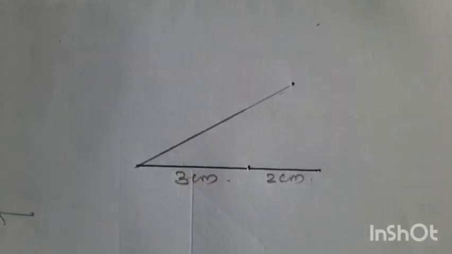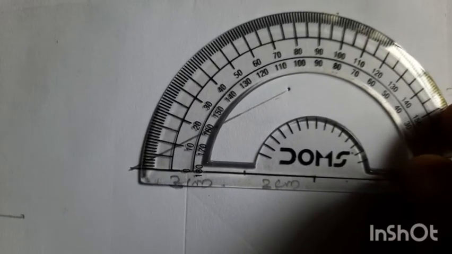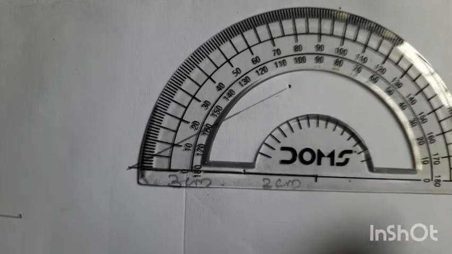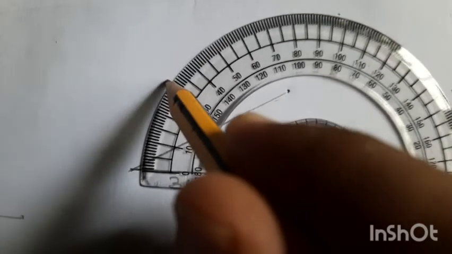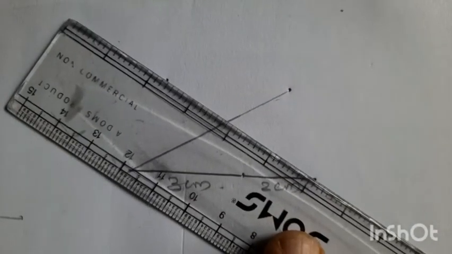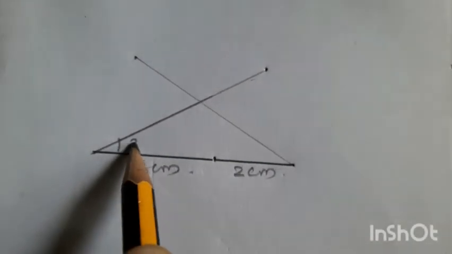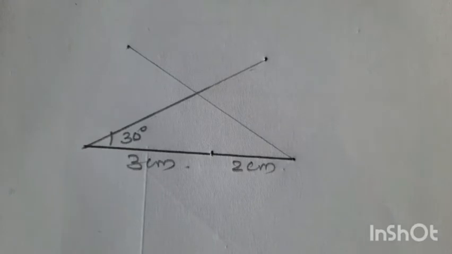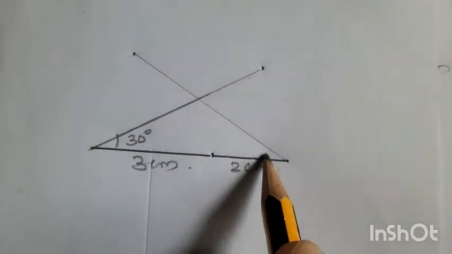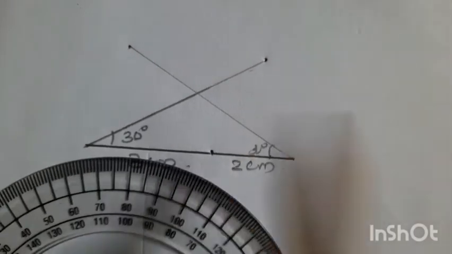Draw the line, and from this end also 30 degree. And drawing the line. So this angle is 30 degree. Same 30 degree we are drawing from here also. From this point also draw a 30 degree angle.